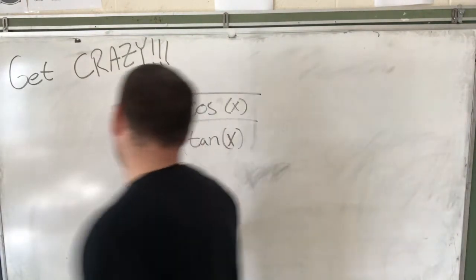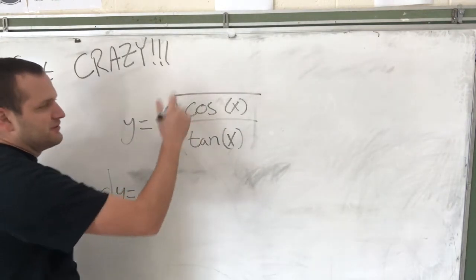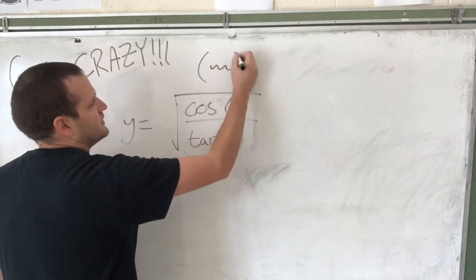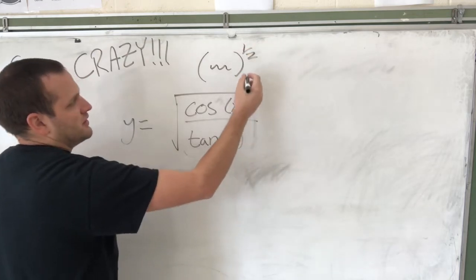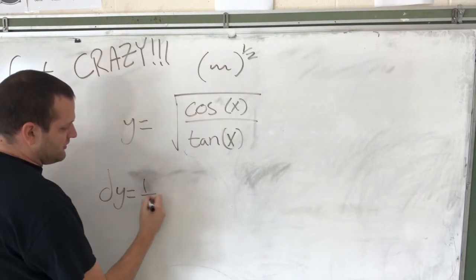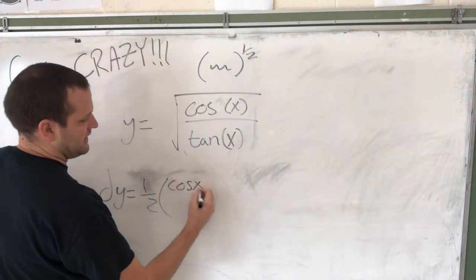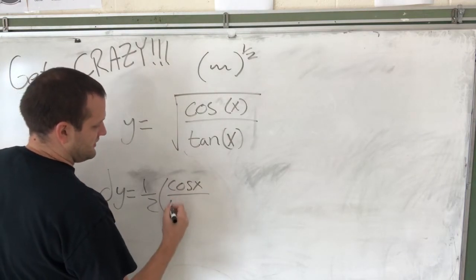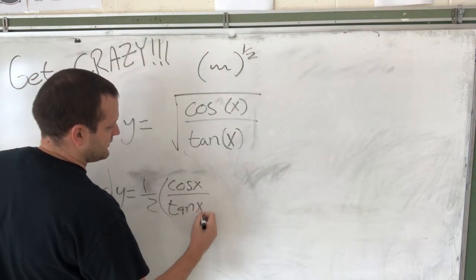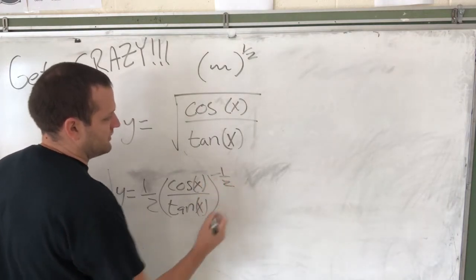So when we go and do this, that gives me dy equals, remember this is really something to the 1/2. So I take the square root. Well, when I take the derivative, I bring the 1/2 down. Whatever was on the inside stays there, so cosine x over tangent x to the negative 1/2 power.